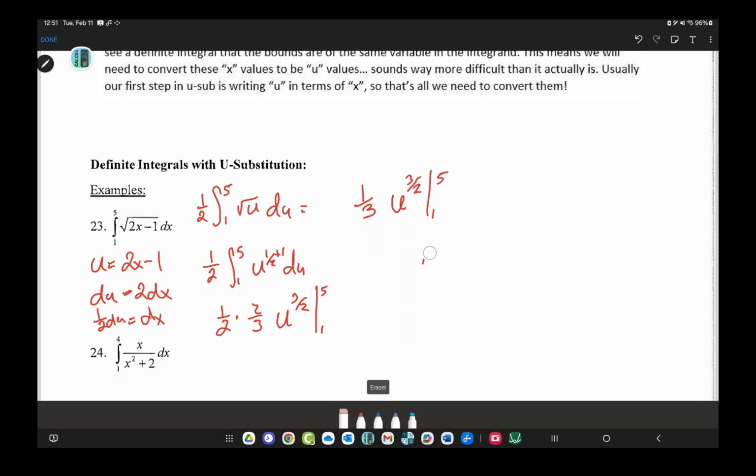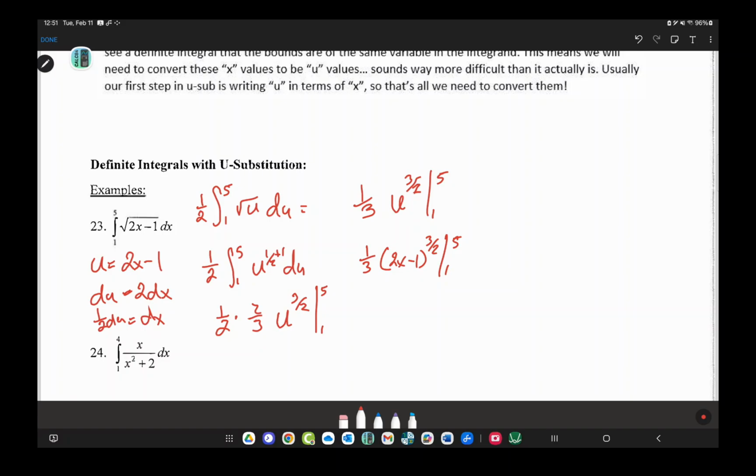Now this is where we differentiate a little bit. One method is to just replace my u with my function. So 1/3 of 2x minus 1 to the 3/2 from 1 to 5, and then just plug them in.